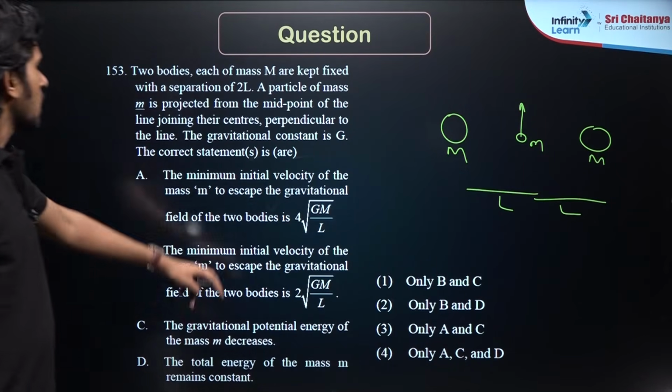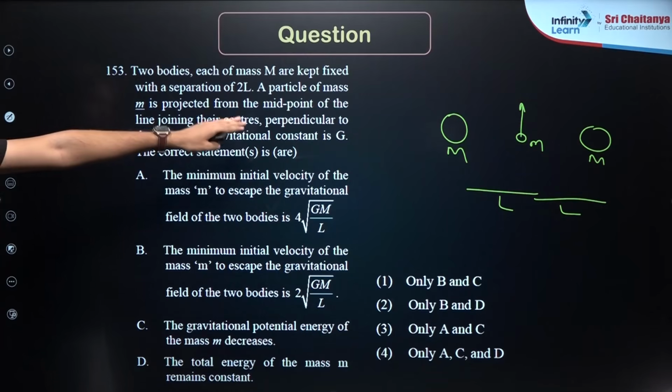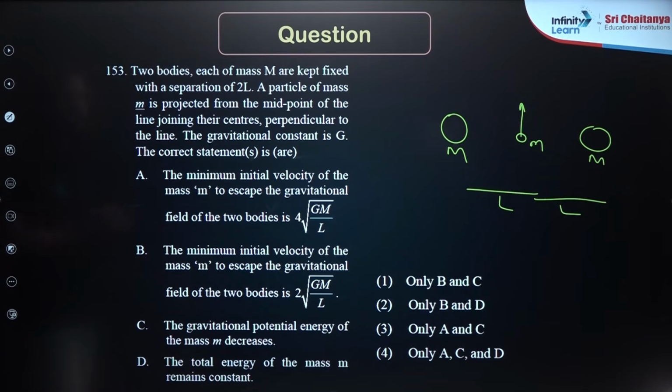A particle of mass m is projected from the midpoint of the line joining their centers perpendicular to the line. The gravitational constant is G. The correct statements: the minimum initial velocity of the mass m to escape the gravitational field of the bodies.